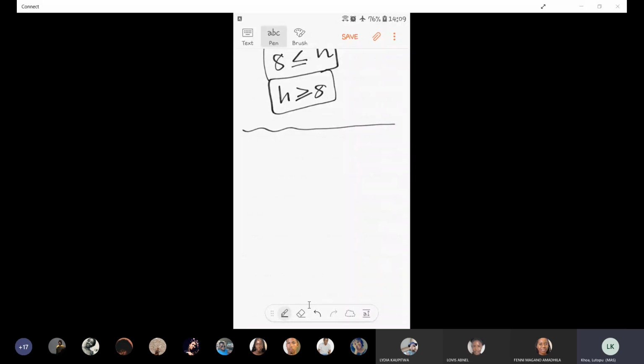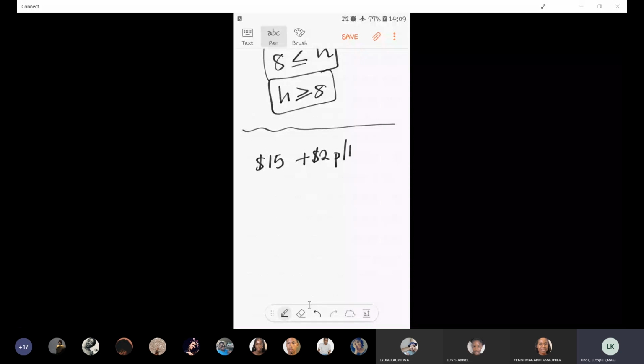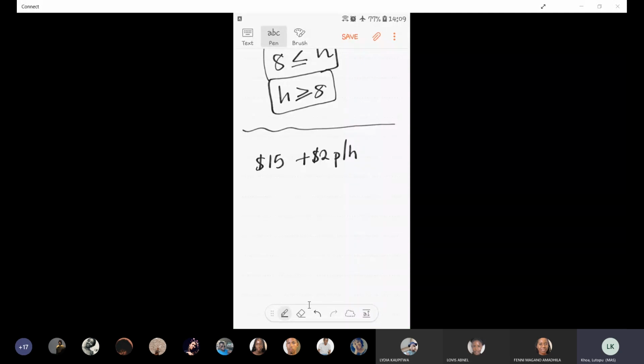So to rent it, he must pay $15 upfront and then pay $2 for every hour that he rents it out. This is $2 per hour. Okay, so that's how much it costs to rent the chainsaw.